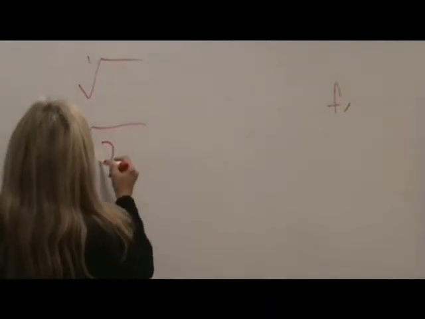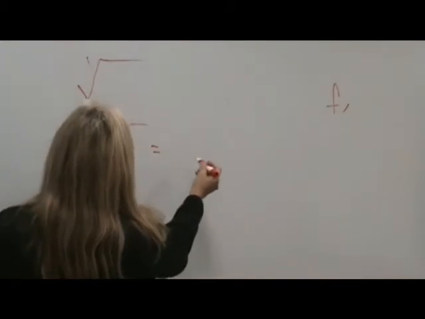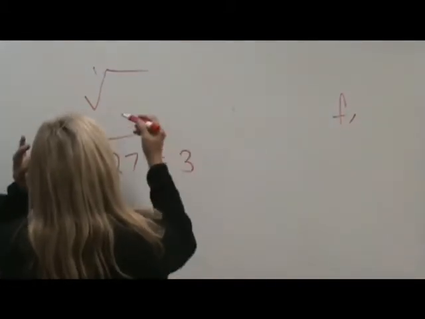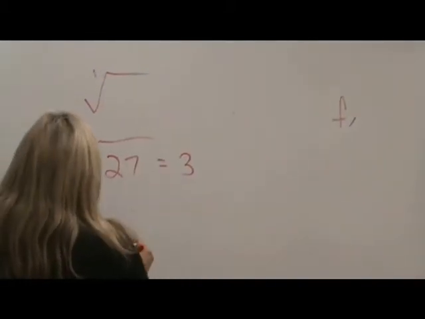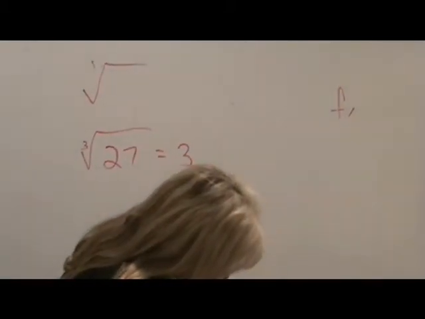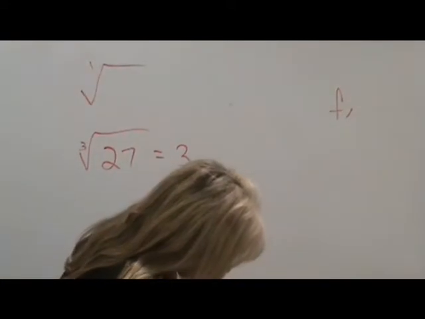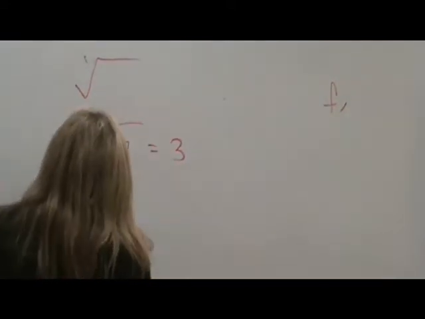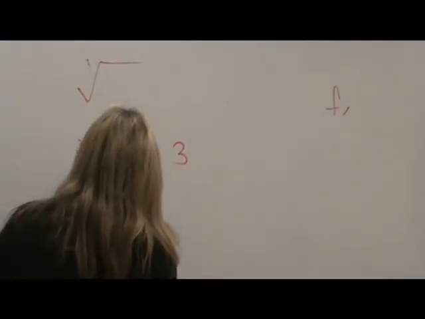Always making sure what it is. So like the cube root of 27 would be 3, right. And if we had, let's see, looking at, say, the square root of 32.